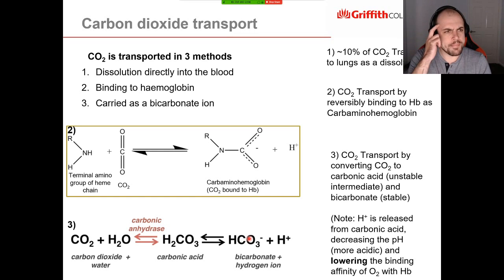So our body using oxygen and making ATP, making energy, is kind of making us more acidic. Okay. What on earth does that have to do with transporting oxygen? Why is that important? Why is that even relevant?